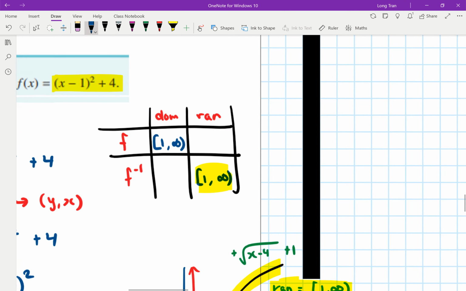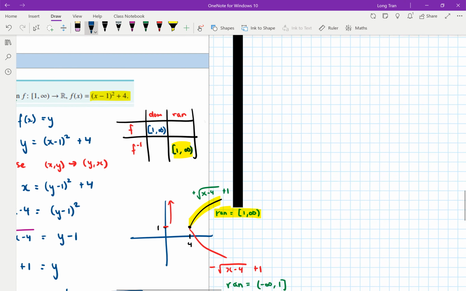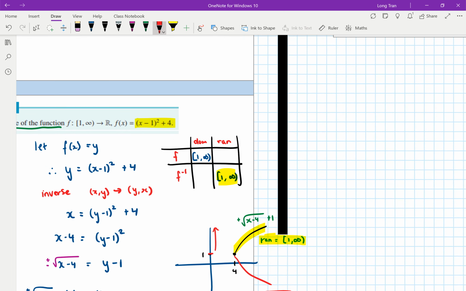To find the domain, this is for year 12, you need to find the range of the original function. True? Because once you know this one, then you know this one. So let's sketch what x minus 1 squared plus 4 looks like. This tells me it's moving to the right by 1 and it goes up by 4. So right by 1, up by 4. It's a smiley shape.